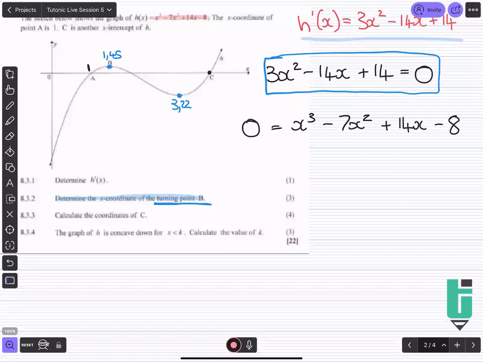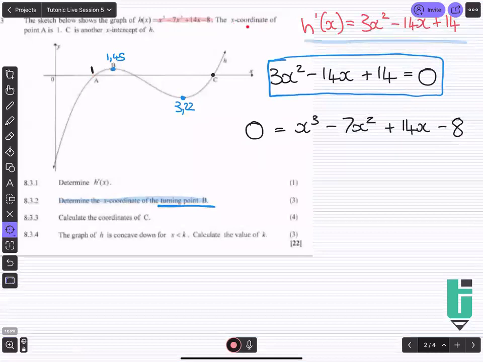The x coordinate is 1 at A. So they already give you a factor. They tell you that the x coordinate is 1, that's your root, then the factor will be x minus 1. So you don't have to find the factor, you already have it. Okay.